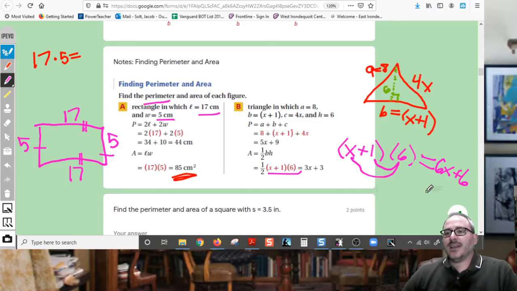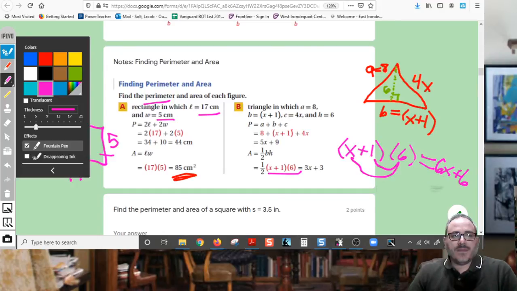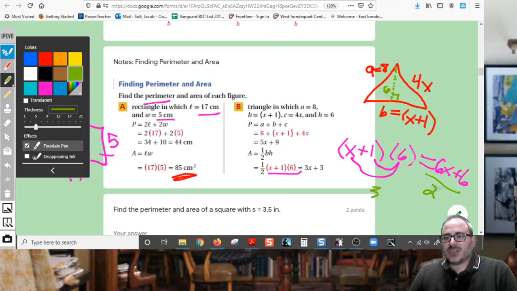And now I know that x plus 1 times 6 is 6x plus 6, and now I've got to multiply this whole thing by 1/2, or divide by 2, however you like to look at it. So that next little step would be for me to divide this whole thing by 2. Well, 6 divided by 2 is 3, which would give me 3x. 6 divided by 2 is 3. And that's how they got 3x plus 3, right there.